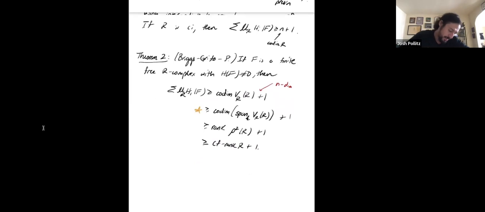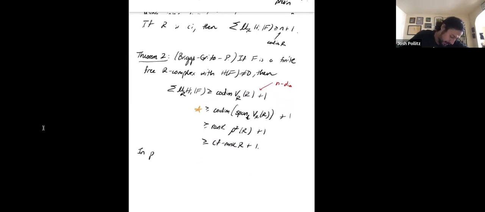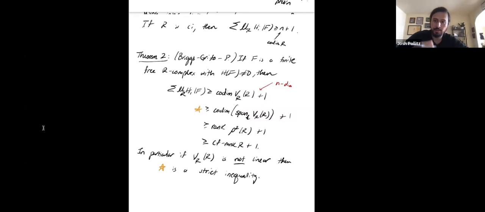And one thing I want to really highlight is, in particular, if V_R of R is not linear, not a linear space, then the inequality that was starred is actually a strict inequality. So it's a strictly stronger bound than the ABIM bound in those cases.